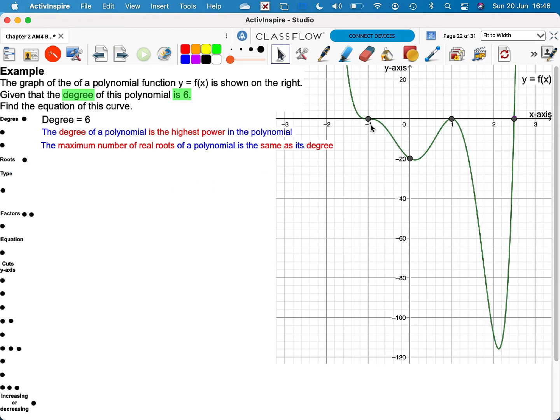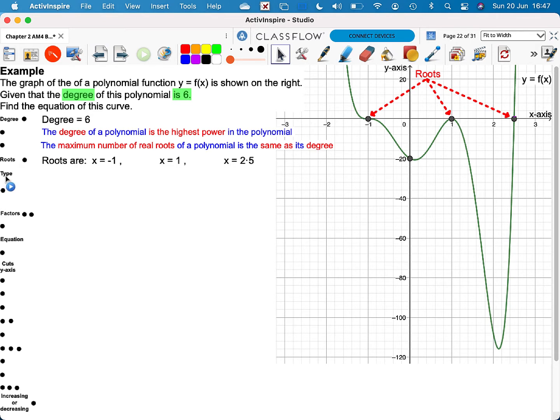Now we're going to look at this graph here. Roots, or solutions, are where the graph meets the x-axis. This graph meets the x-axis at -1, it meets it at 1, and it meets it at x equals 2.5.